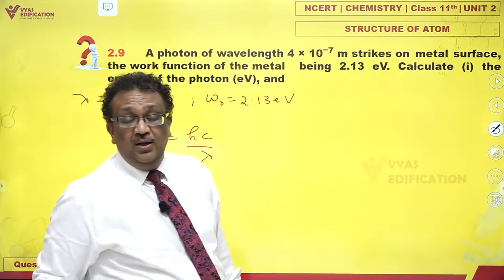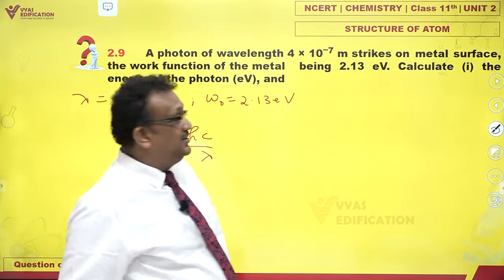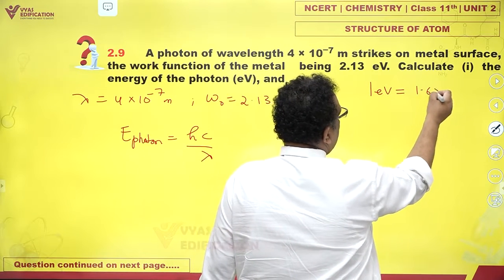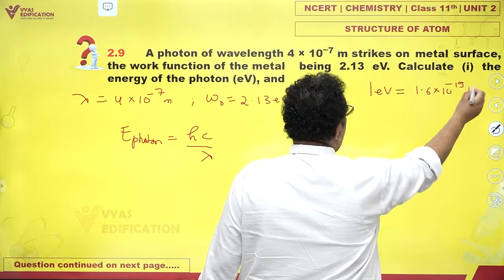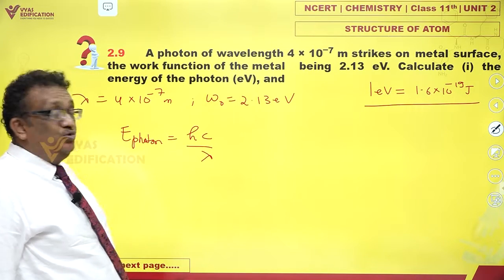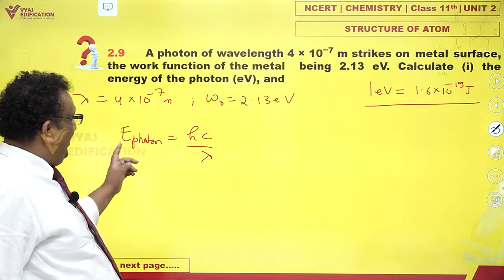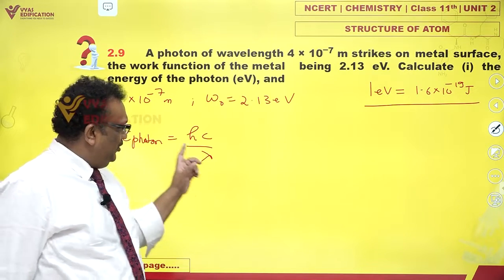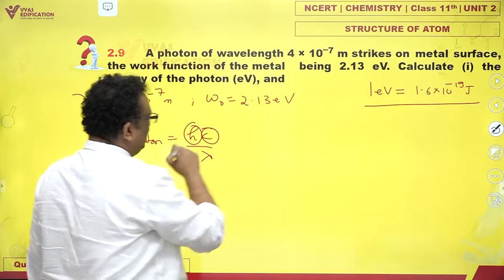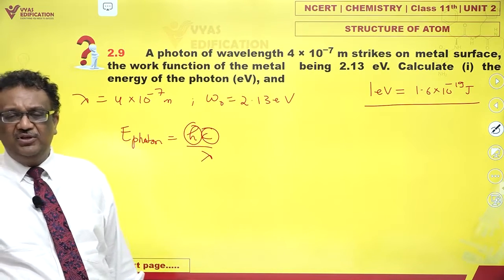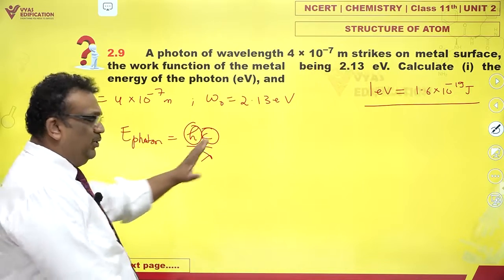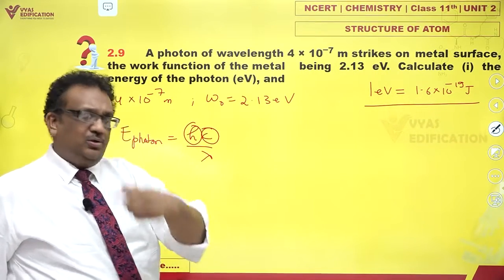But also, 1 electron volt is 1.6 × 10⁻¹⁹ joules. If I use this conversion, can I directly substitute for h, c and this constant, and get an easier number to handle? First let me do it by the routine method, and then I'll tell you the shortcut.